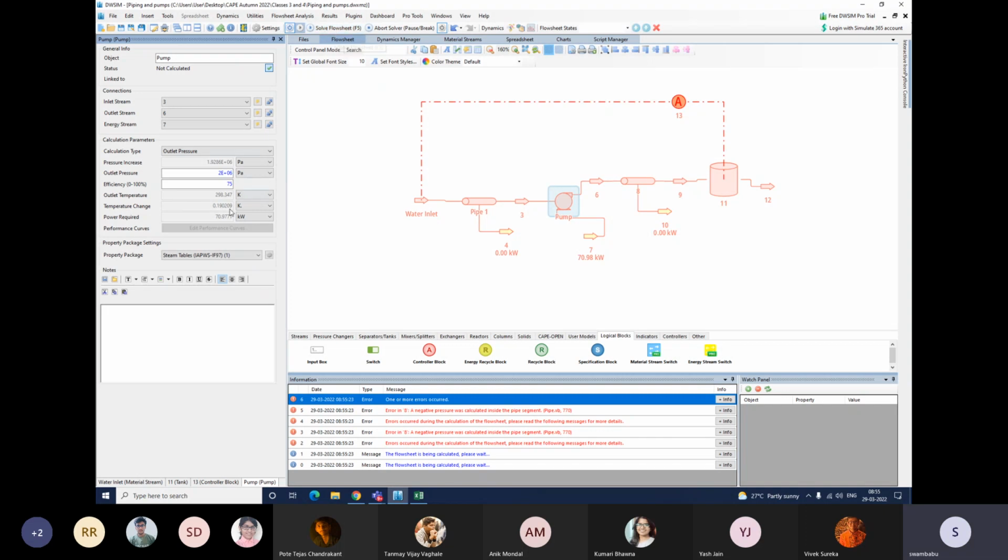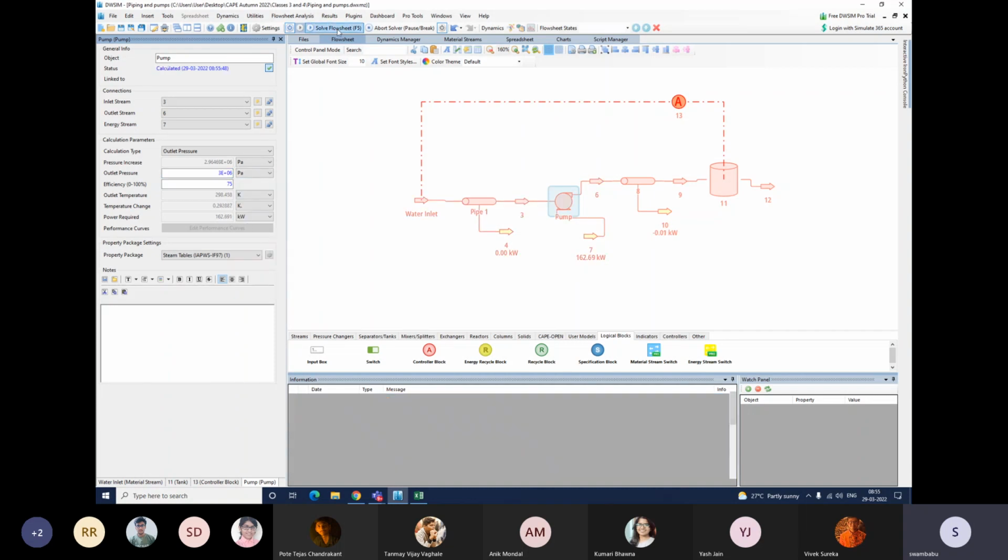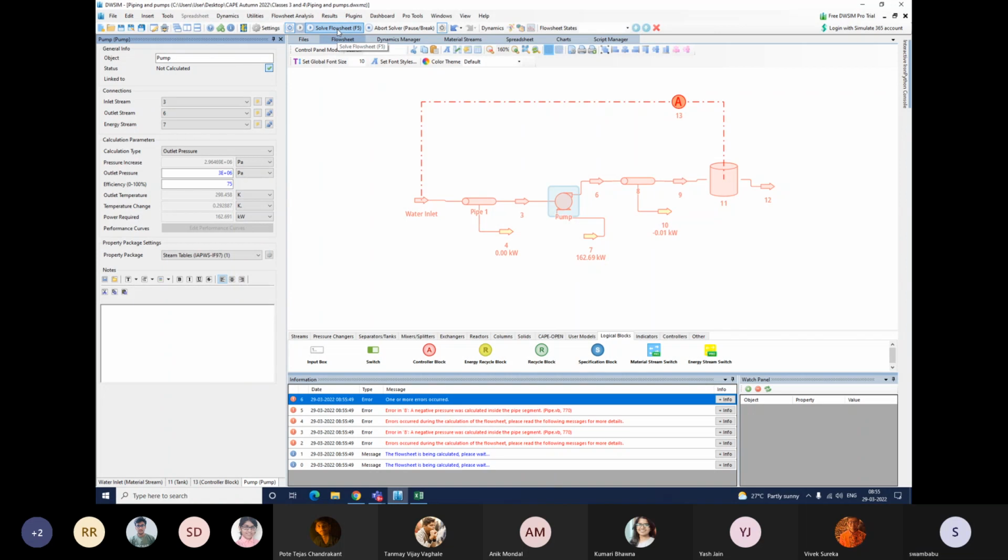This way we can play around with changing the flow rates, the residence time, and the outlet pressure. All the variables we can vary. Negative pressure occurred, so we'll go with higher pressure.